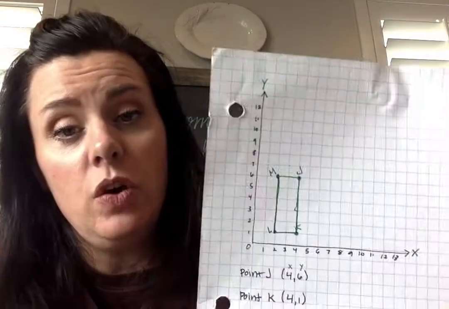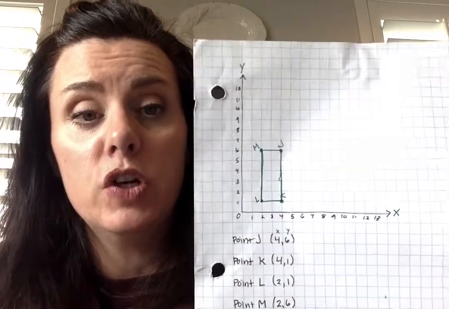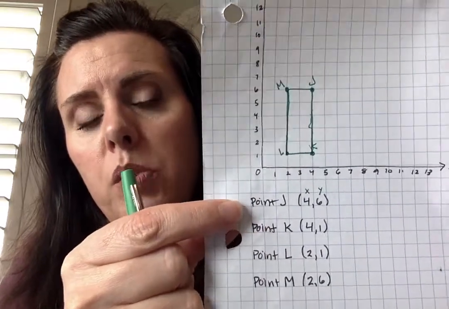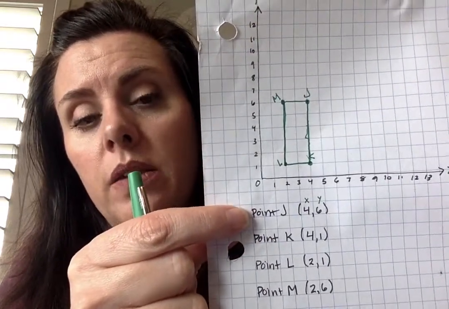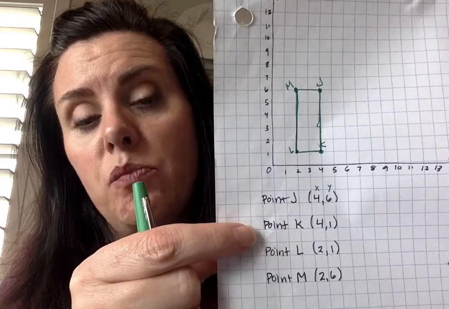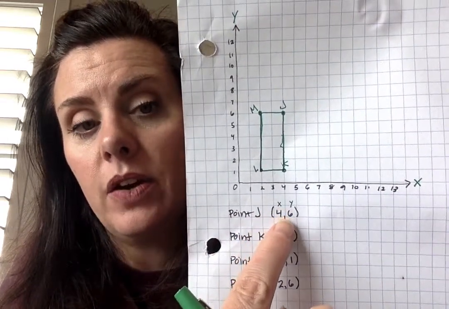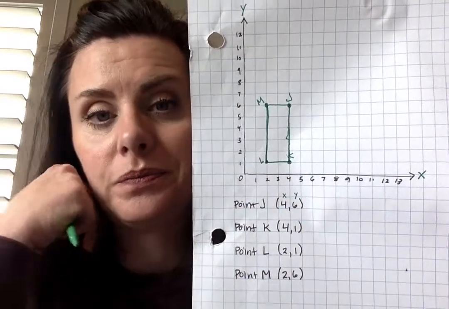There's 2 ways, though, that we can find the length. We did the first one, which was counting, but there is another way also. Think about it for a minute if you could figure out a way. I'm going to give you a little hint. The length that we're finding is between point J and point K, right? Now look at their coordinate points.